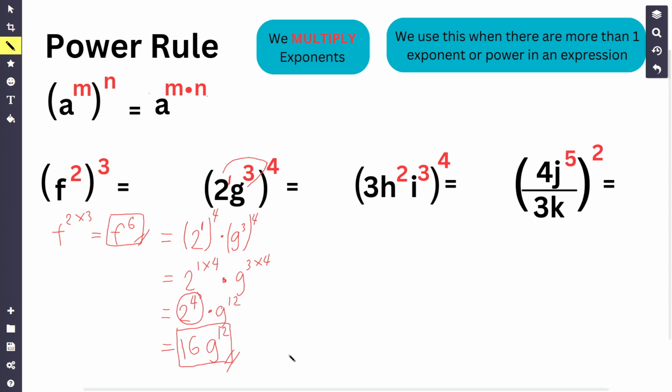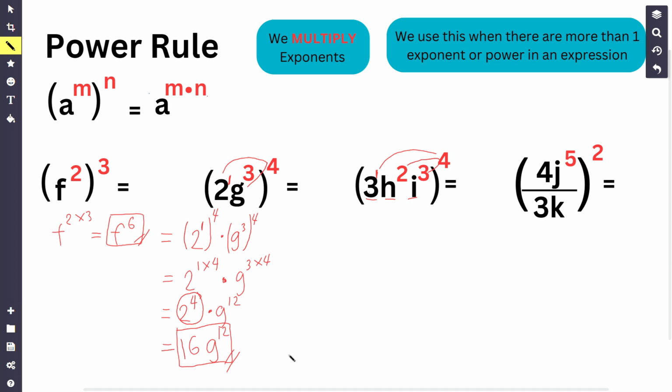Okay, let's have a different example now. I guess this has the same situation as the previous example, but we have more than one variable already. So how do we deal with this one? Again, please remember that this 3 here has an imaginary power of 1. The next step is, of course, again, we distribute the power to 3, to h, to i, because they are all bases.